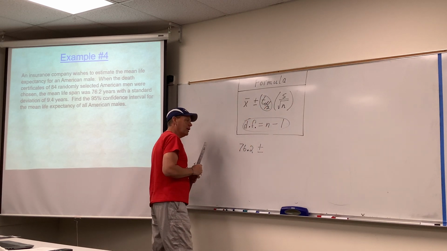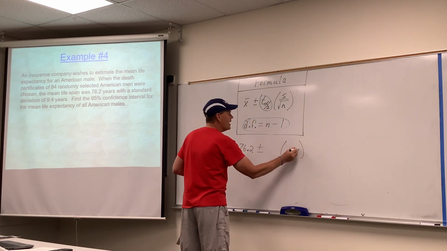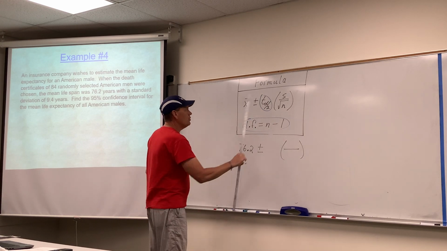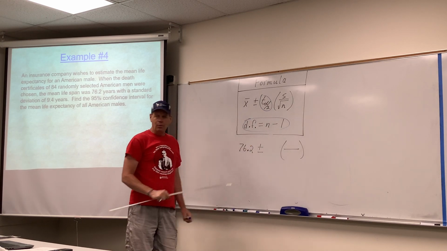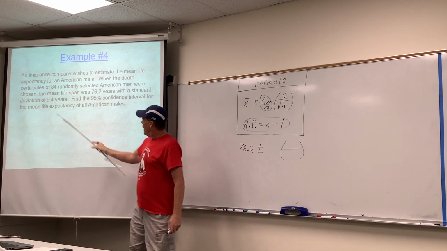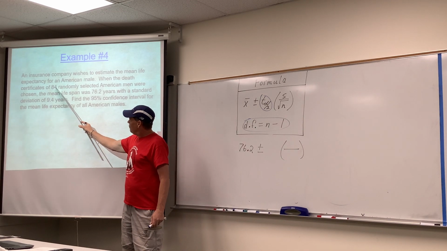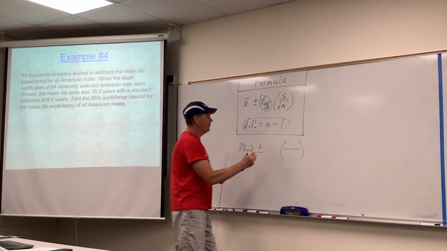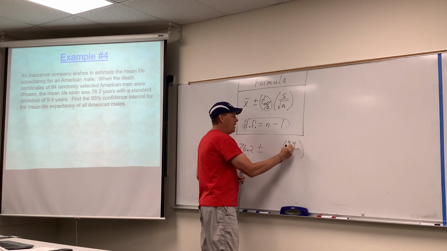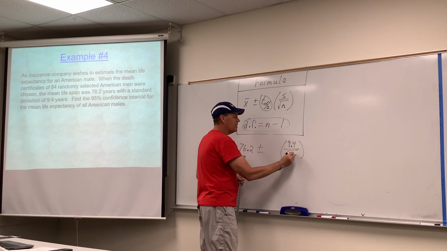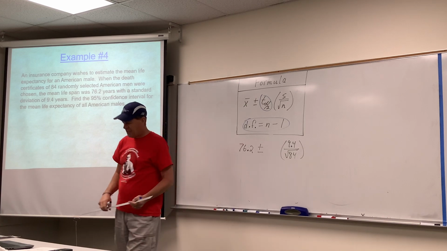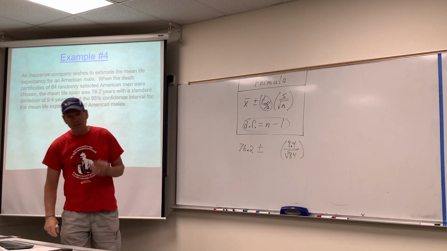That's going to be new here. S is the symbol we use for the standard deviation of a sample. That would be that 9.4 years of standard deviation for the 84 men. And the N would be the fact that they sampled 84 men. Sample size, as it's always been.